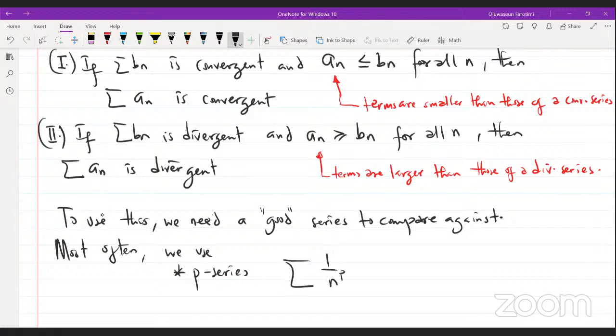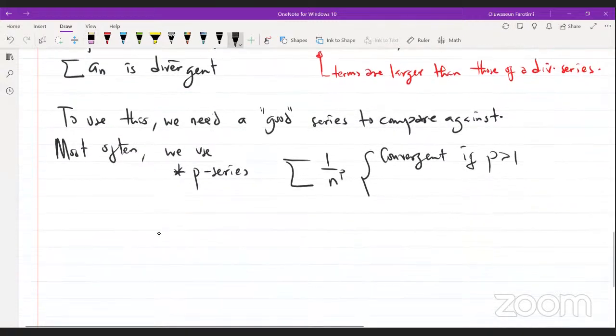You have this. When does it converge? It is convergent if your p is bigger than 1. And when does it diverge? It diverges if your p is less than or equal to 1. Another one we can use is the geometric series.